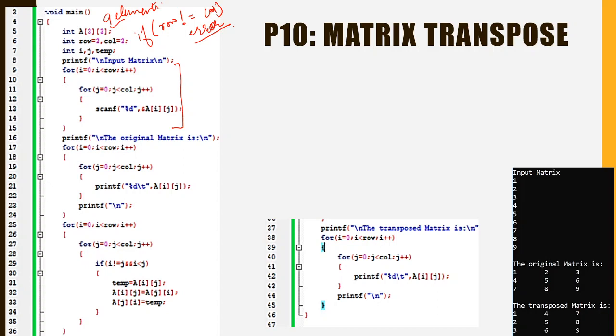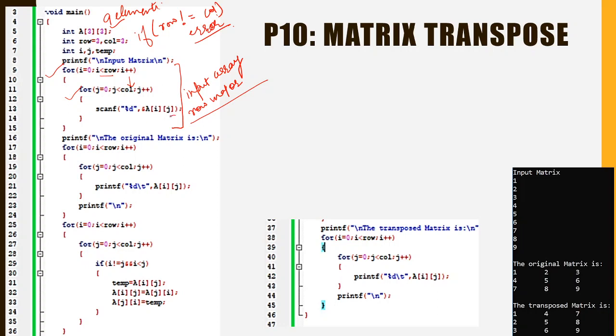So we are taking input into the array, and the method we have followed is row major. Why row major? Because the outer loop is for row and the inner loop is for column. So for every row you first store all the columns. This is the row major form of storage.